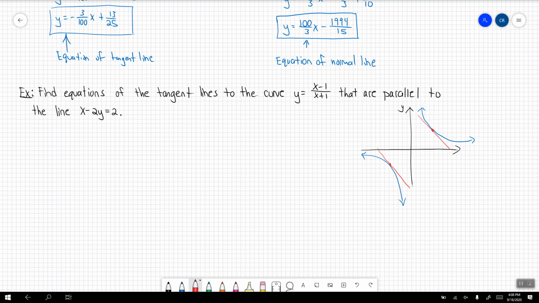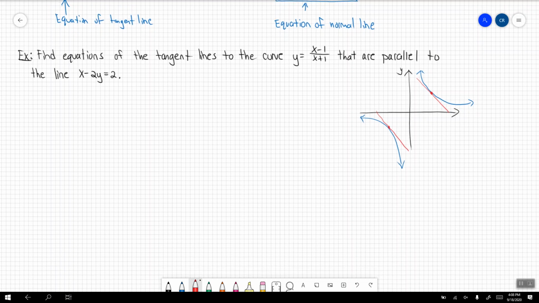So now that we've extracted that, we can go through and identify what we're going to need, and more importantly, how we're going to do this. First, find the derivative, or the slope, of the tangent line.